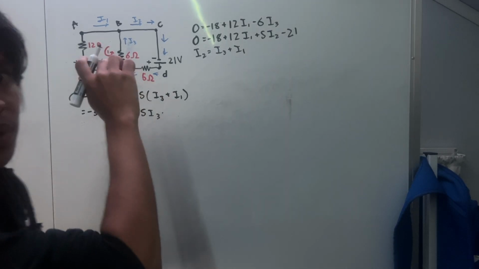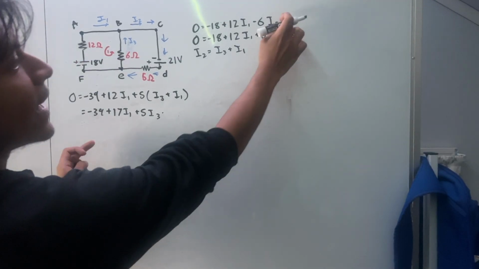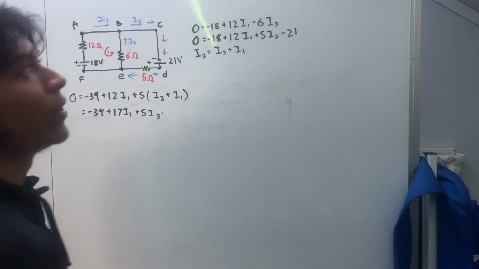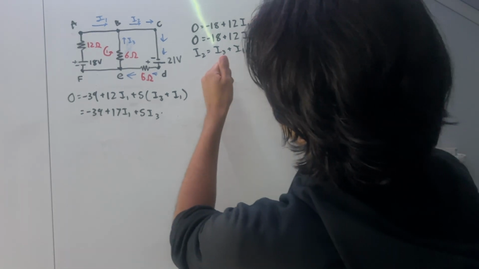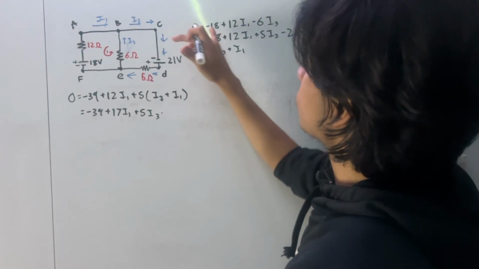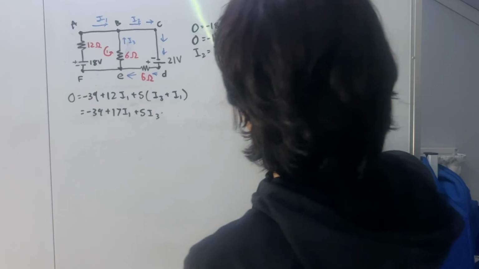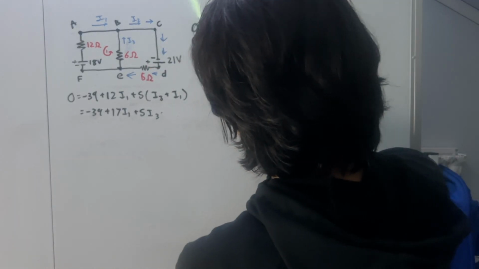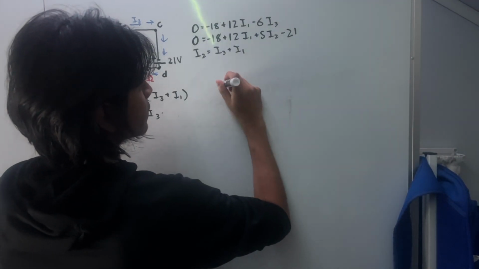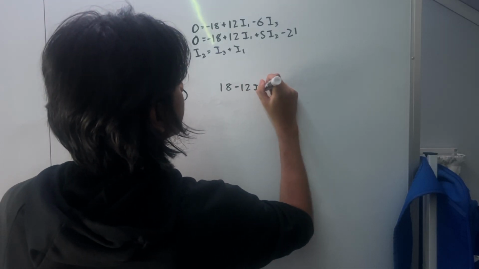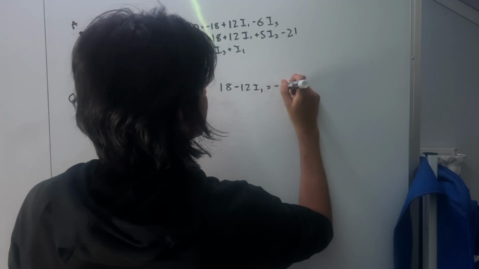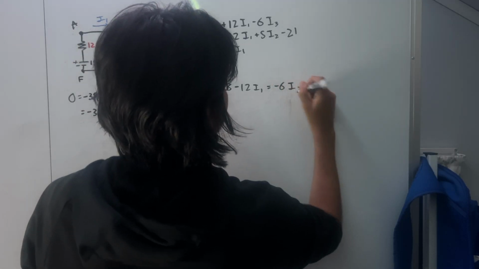Now, this is where we use our first equation to get I3 in terms of I1. Getting I1 to the left side as well as this negative 18, when we do that for our first equation, we get left with 18 minus 12I1 is equal to negative 6I3.